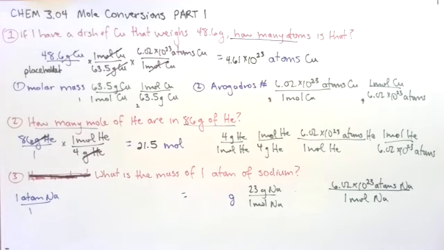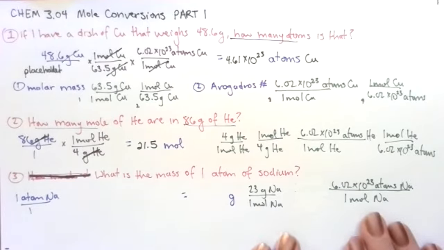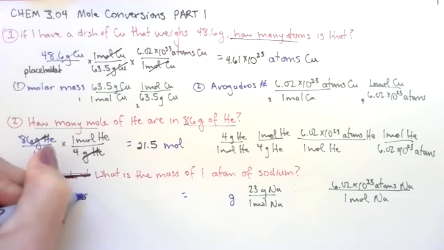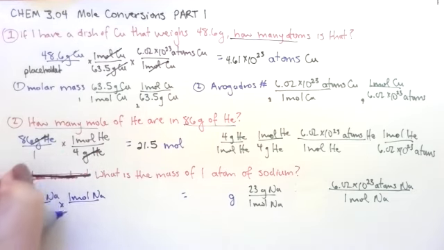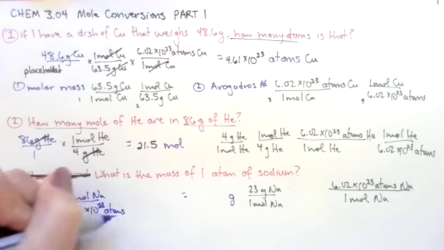All right, I've got my frame up, I've assembled my conversion factors, now I'm ready to insert. I'm starting off with atoms. That means I'm going to want to use this conversion factor, but I've got atoms on the top over here, so it's going to have to be flipped. So I'm going to put 1 mole sodium over 6.02 times 10 to the 23rd atoms of sodium.